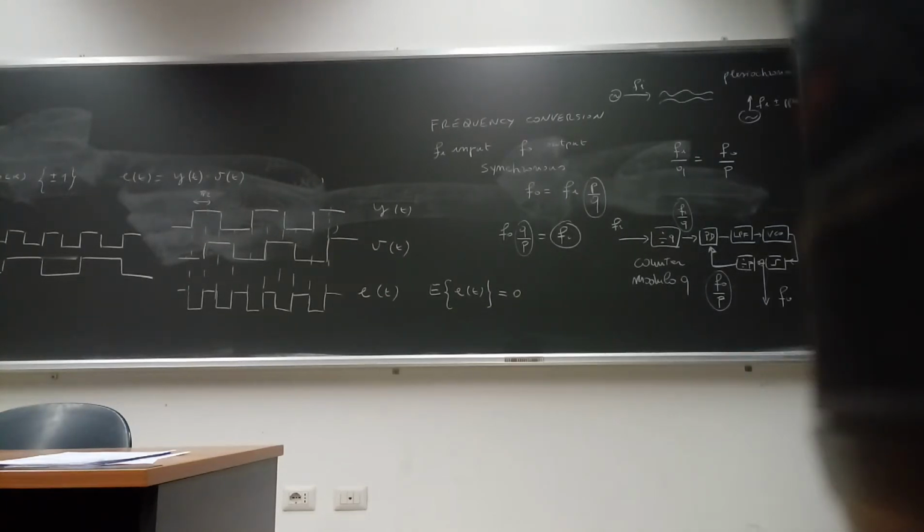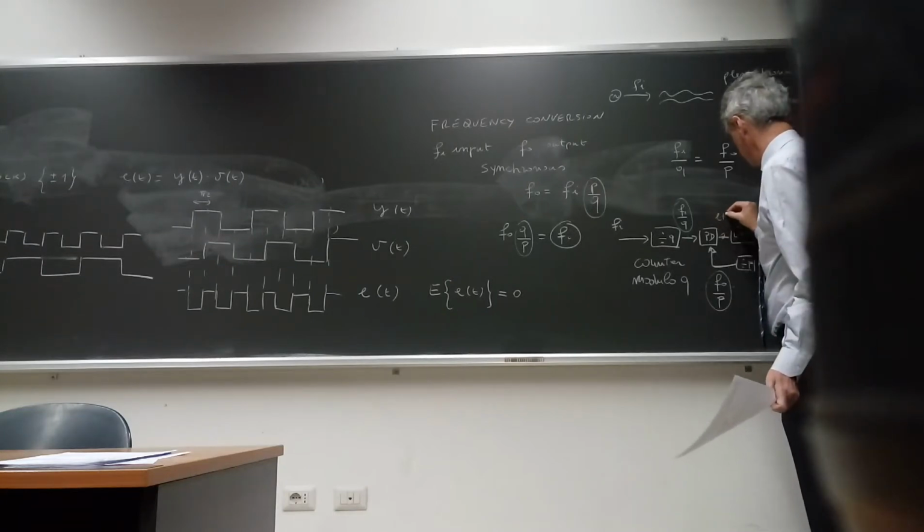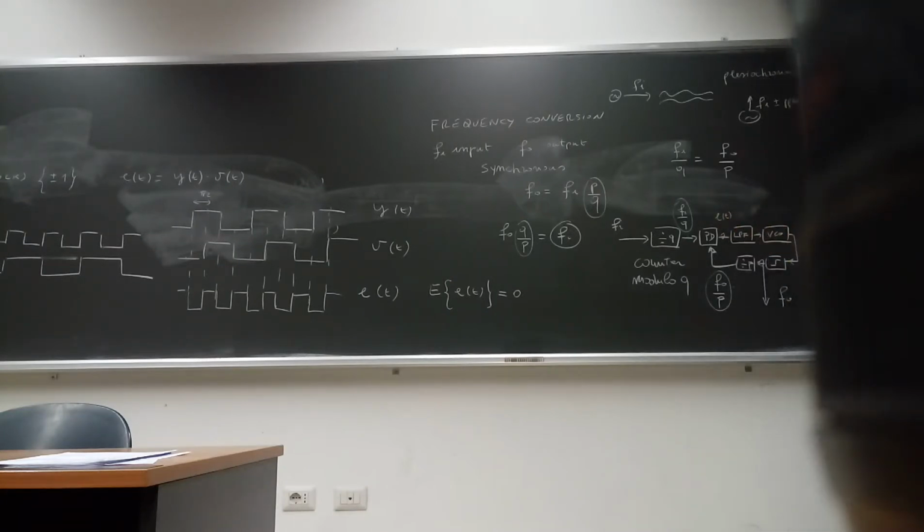It's not clear to me how the phase detector and the low pass filter create the input for the oscillator. Why would you do? This is the error, and this is the filtered version of the error. This is a voltage controlled oscillator, which is the analog form of the number controlled oscillator.